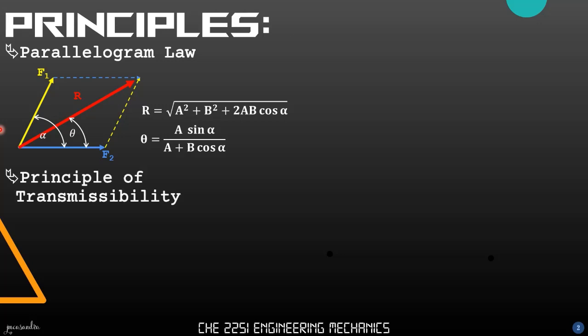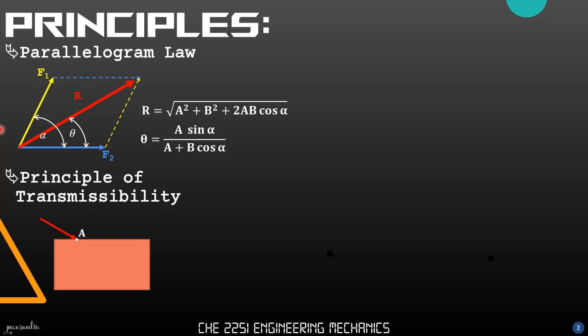We also have the principle of transmissibility, in which we have, for example, a body wherein a force acts on point A. This force will have a line of action, and according to transmissibility, this force can be applied at any point along our line of action.